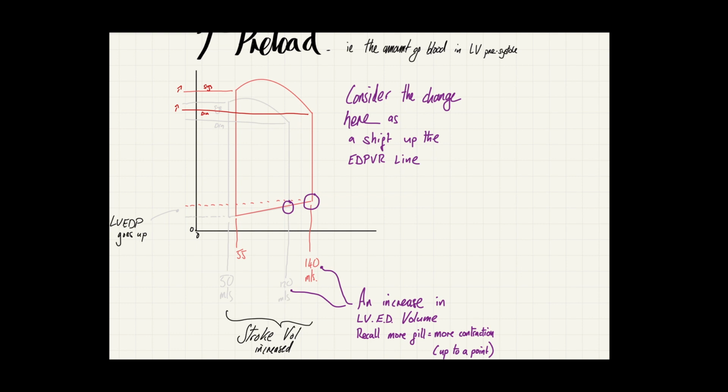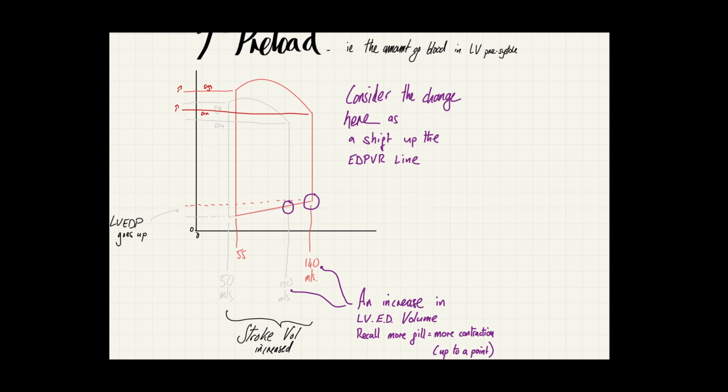With it, we can also demonstrate that the stroke volume has gone up from our original 70 mils to something nearing 85. And Starling's forces, another thing to consider is that our D point will have shifted further up our end systolic pressure volume relationship line.